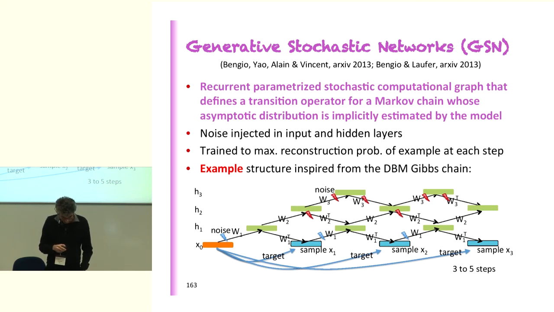I'll tell you more about it tomorrow, but the architecture is similar to what I've shown before, where layers take input from layers above and below and send their outputs to layers above and below, but now there's noise injected everywhere, just like in a deep Boltzmann machine. The difference is that it's trained differently. It's trained with, for example, reconstruction error.